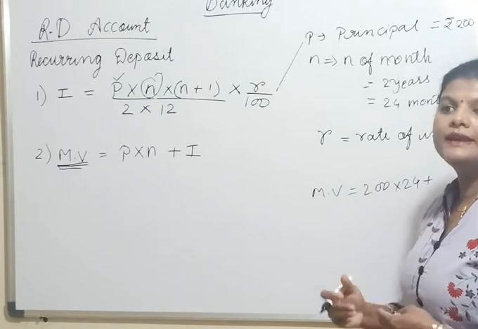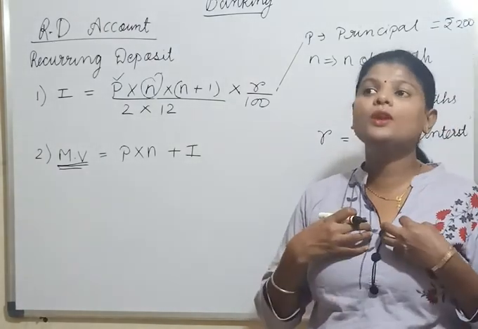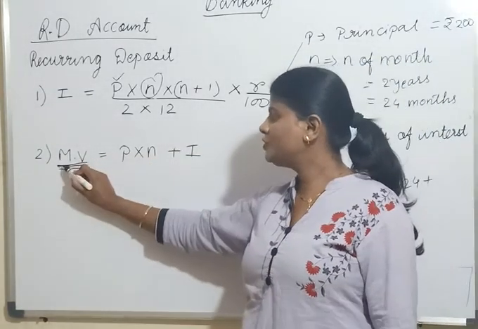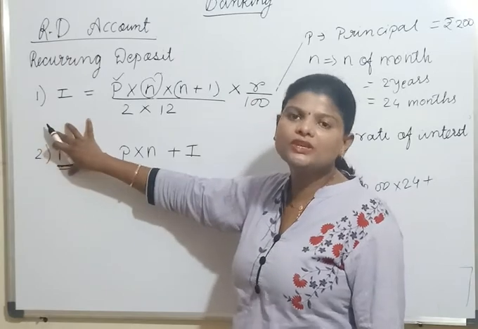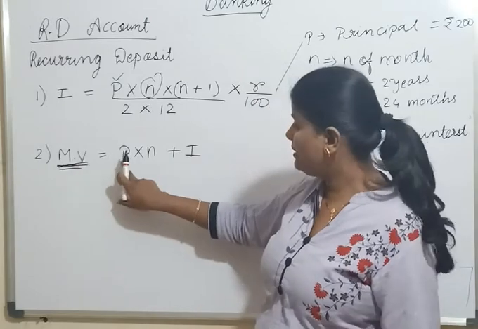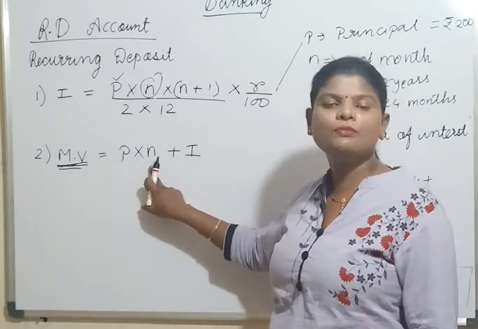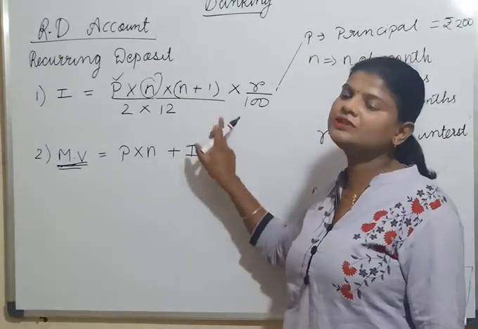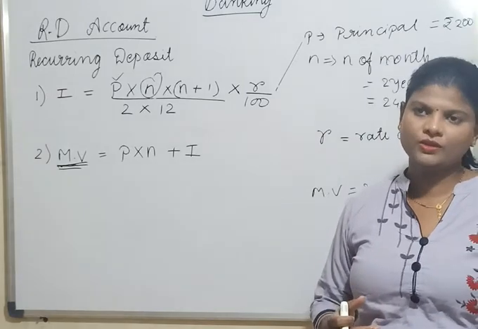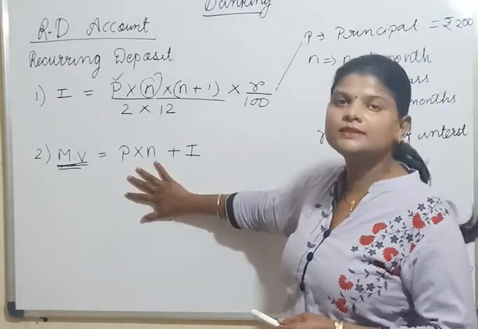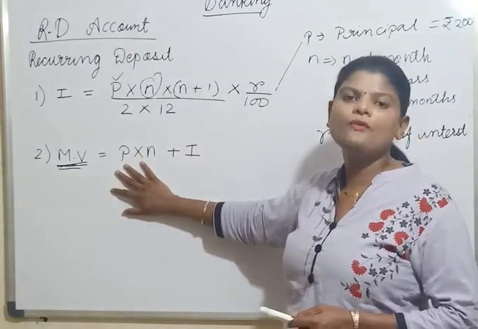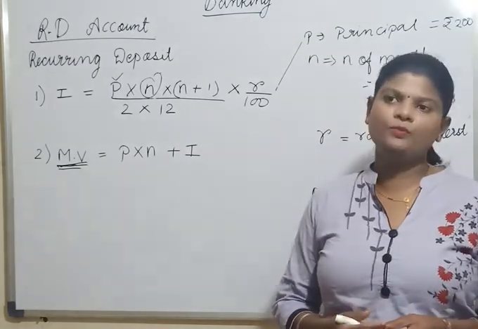So maturity value is the amount we get at the end of the period. P stands for principal, N for the number of months, and I for the interest we get at the end of a particular period. This is the introduction of the topic. It will become clearer when I explain one problem.